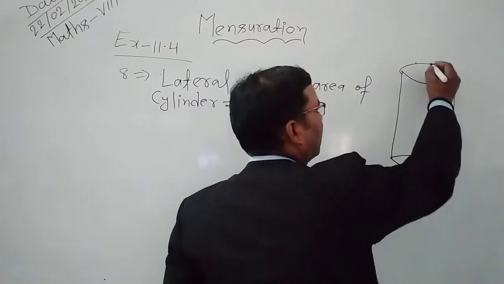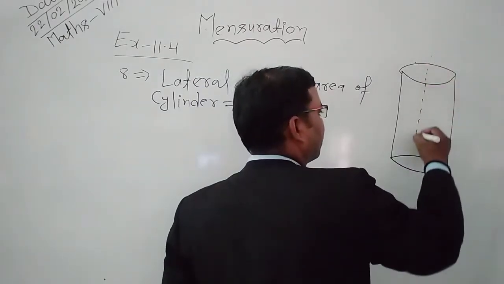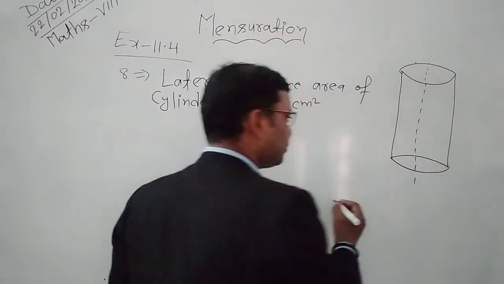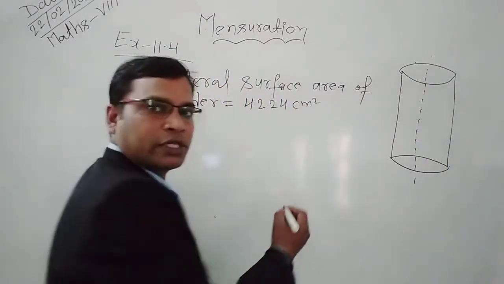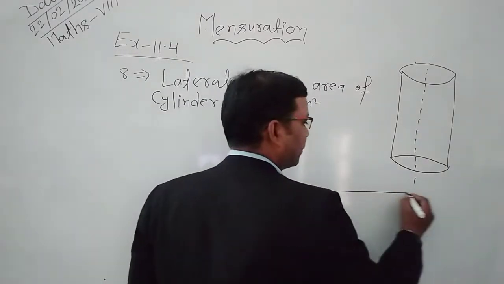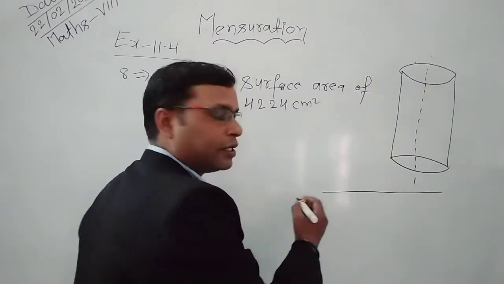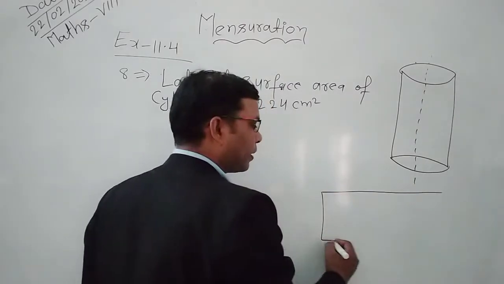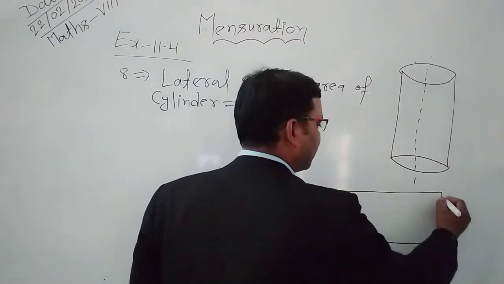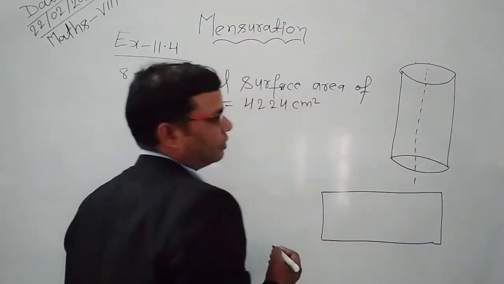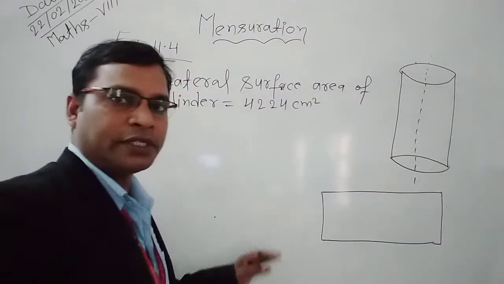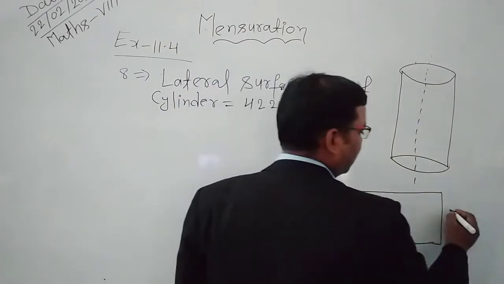When we cut along its height, then we get a rectangular sheet like this. A rectangular sheet like this, and its width is 33 centimeter.